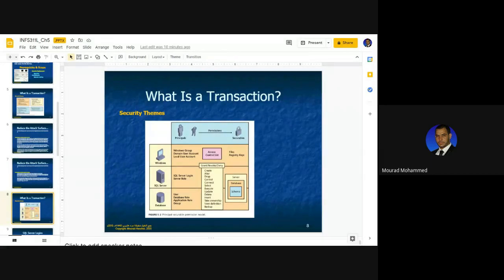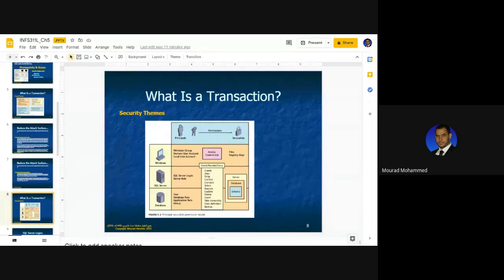This is a graphical representation of a principal securable permission model. In the middle we see the grant, revoke, and deny tasks, whether they are DML or DDL, to create, or to retrieve and insert data, create objects or alter objects, or to populate objects or to read from objects. DDL or DML is data definition language or data manipulation language.